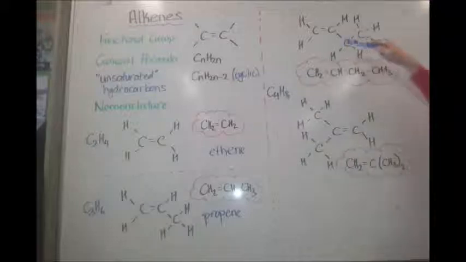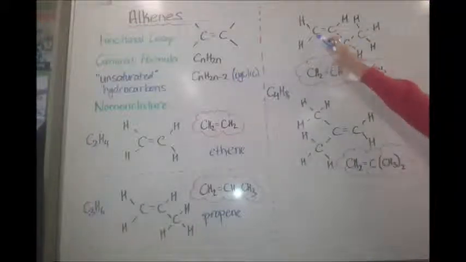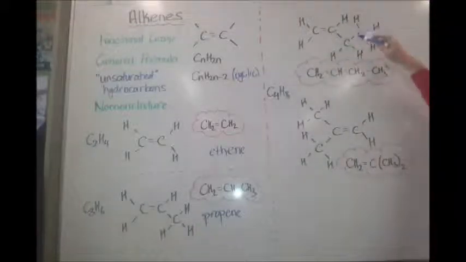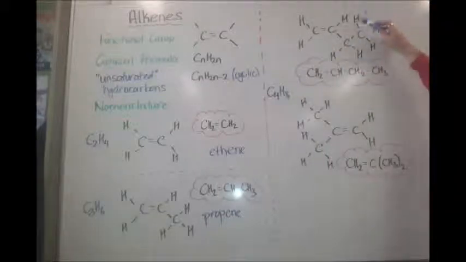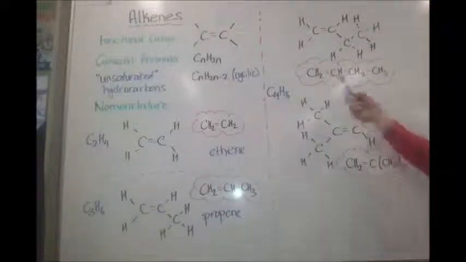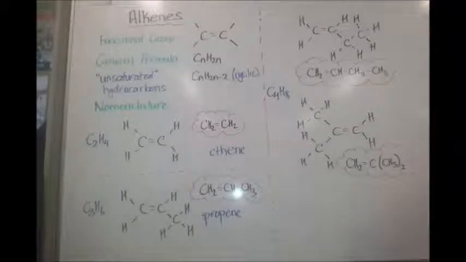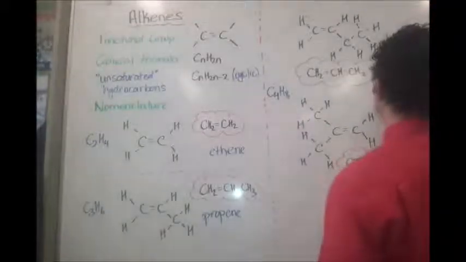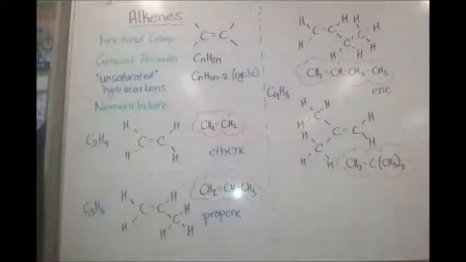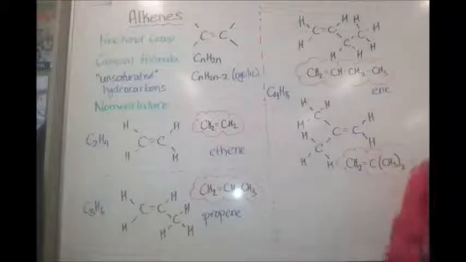So this funny looking thing here actually is CH2, CH, CH2, CH3. It's got a double bond in it, so it's got to be an alkene, so it ends in ene. Now, here's where things get a little bit more interesting. Remember in the alkanes, we numbered any long carbon chain backwards and forwards.